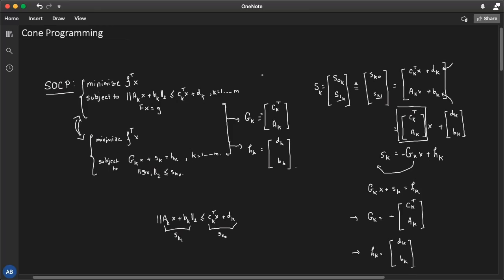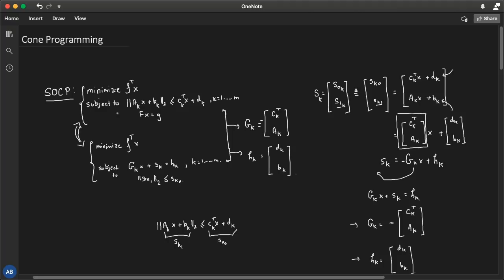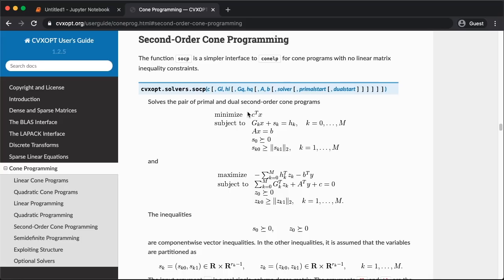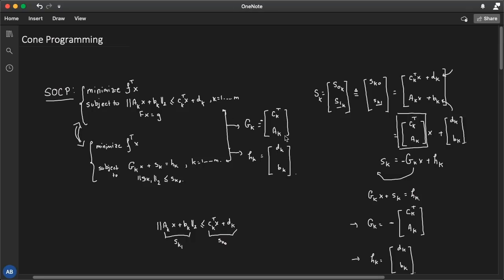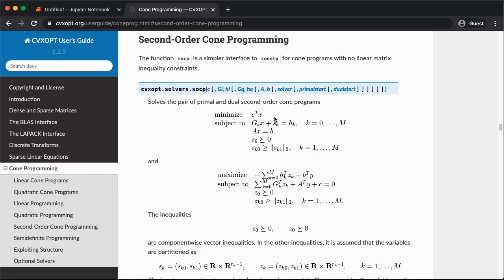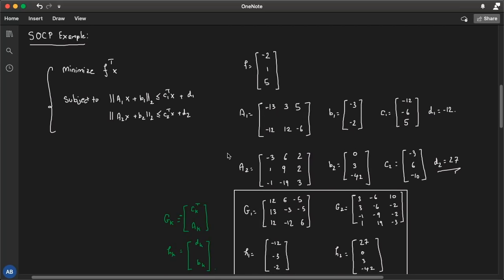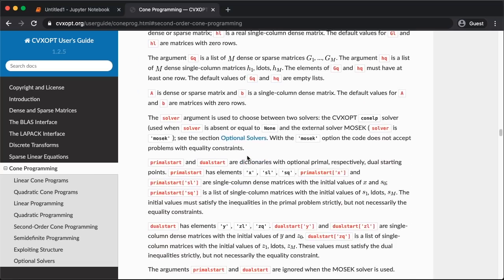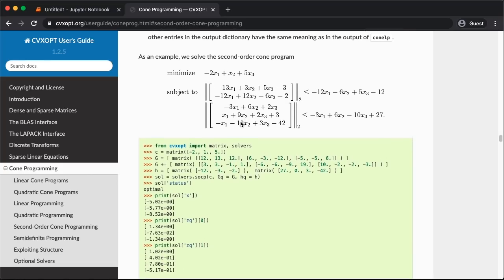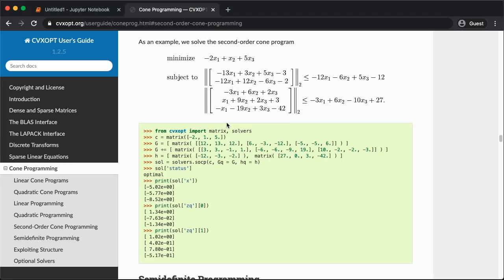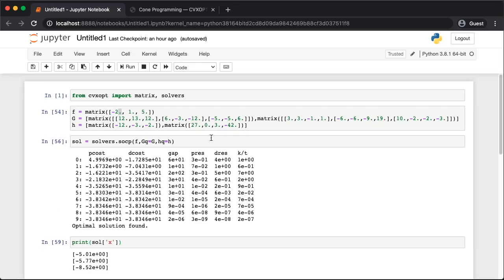We revised what SOCP is and wrote it in a different way so that we could match the problem with that of CVXOPT in terms of S0 and S1. We showed how to do that. Instead of my C and A, I'll get a G, and instead of a D and B, I'll get an H, so that our problems match. And we showed how to solve an SOCP example. So this particular example that is also given in the documentation, we showed how to solve this using CVXOPT.